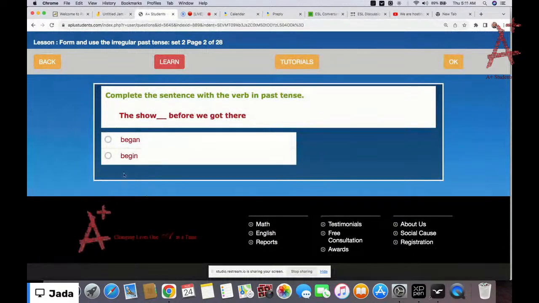Now, the show dashed before we got there. Okay. Now, is it began or begin? The show began or begin? Is it gonna be begin or began? Which one? You guys sure?